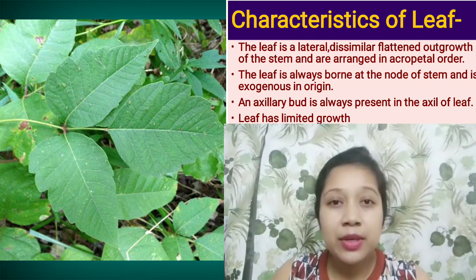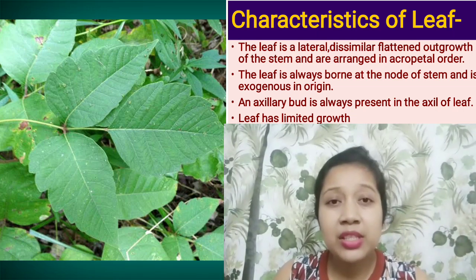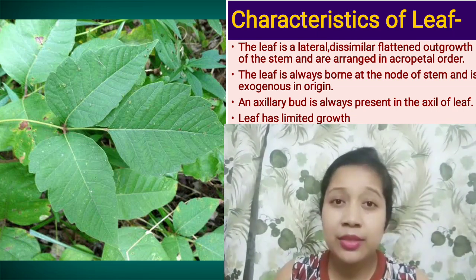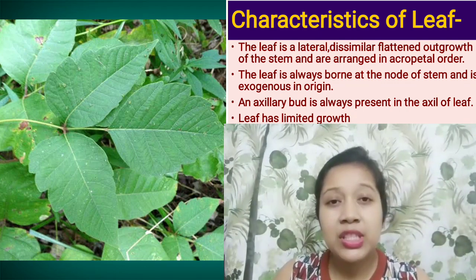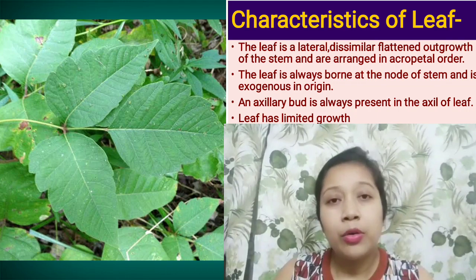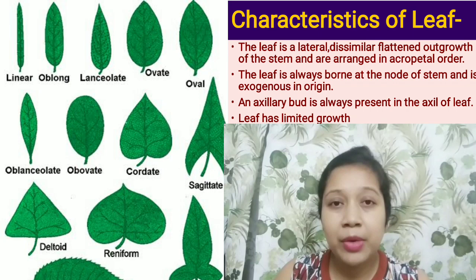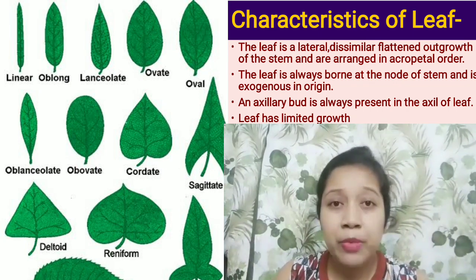And they are always dissimilar because leaves do not have a particular shape. They may change their shape. That is another vast part, where we are going to study about the different shapes of the leaves. You have already seen different types of leaves near you in different types of plants.